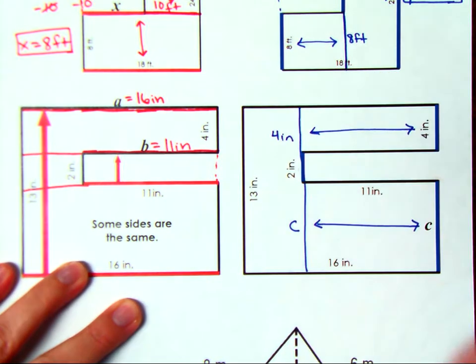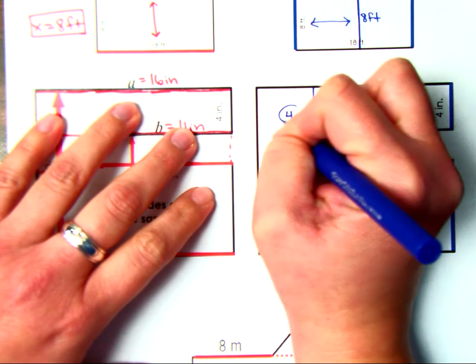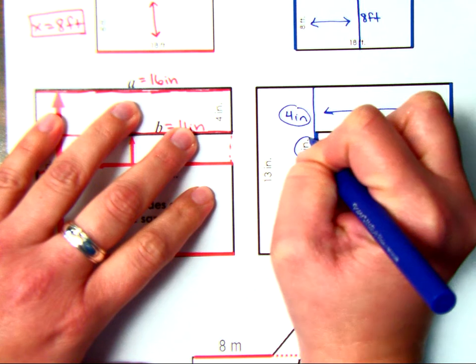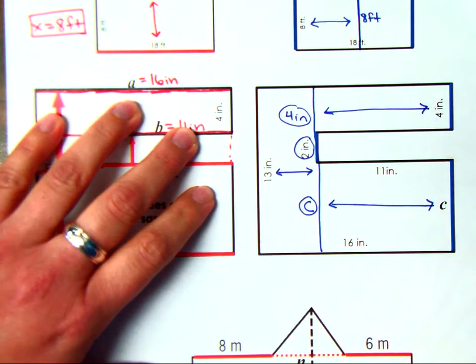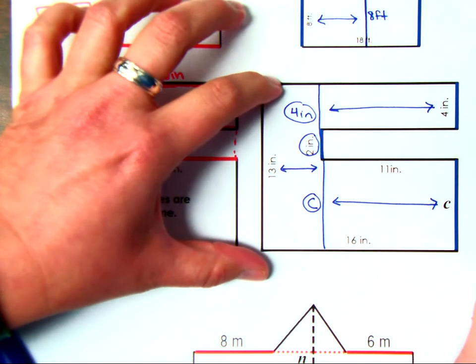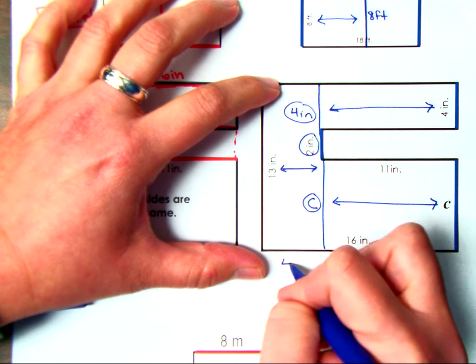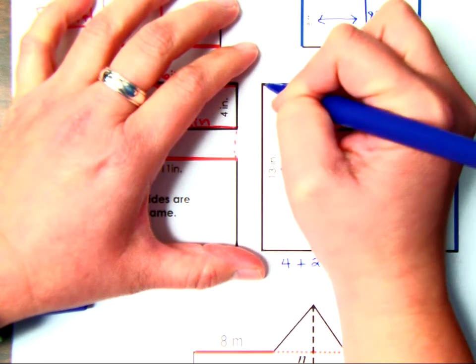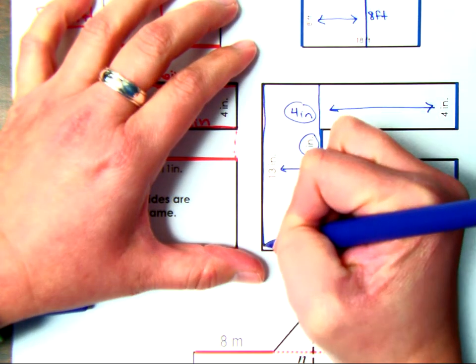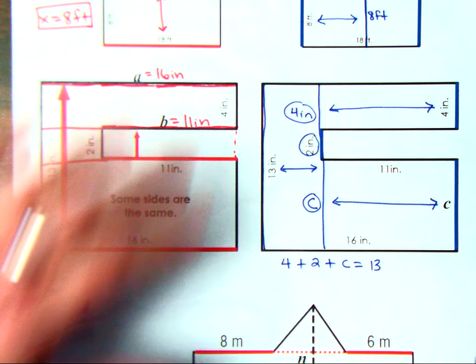So really, we have this 4 inches, this 2 inches, and C as opposite sides of this 13. So that means 4 plus 2 plus C is equal to its opposite side, which is 13 inches.